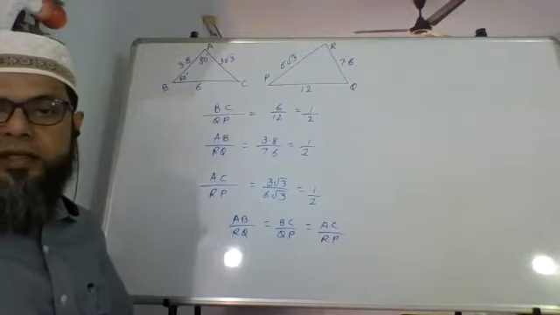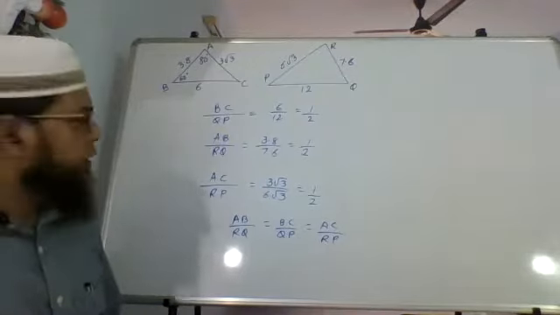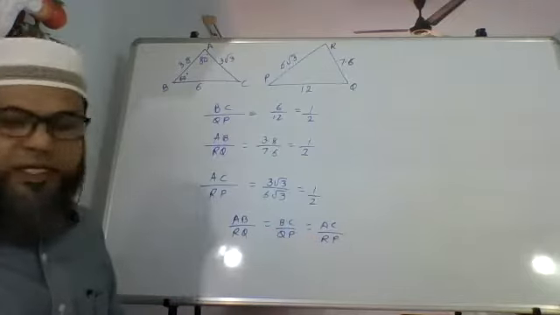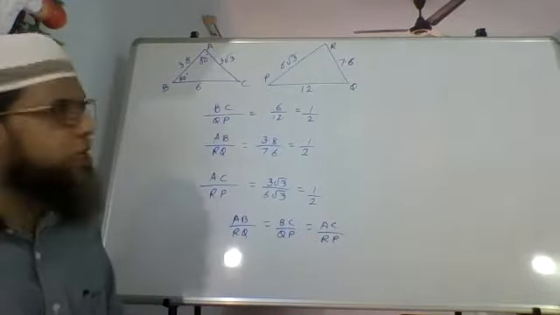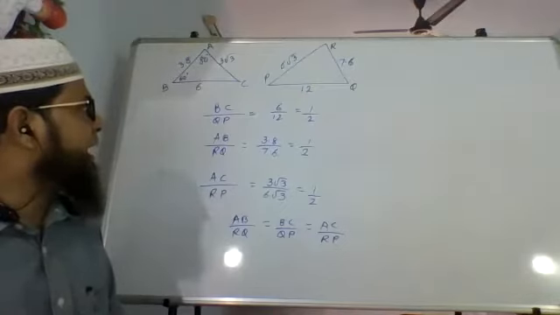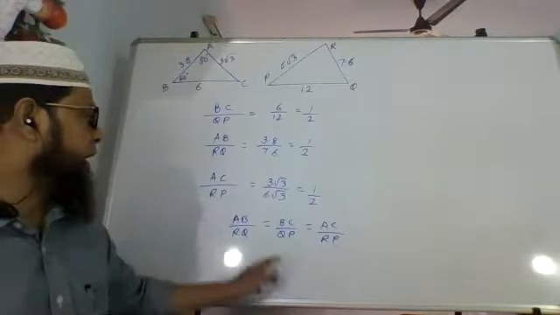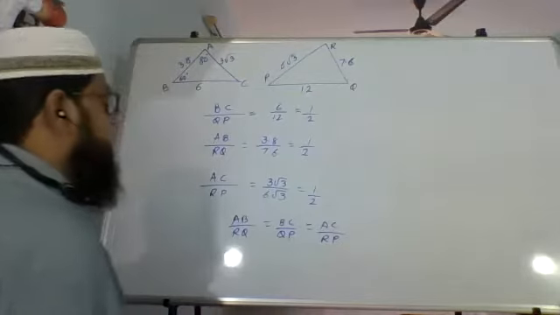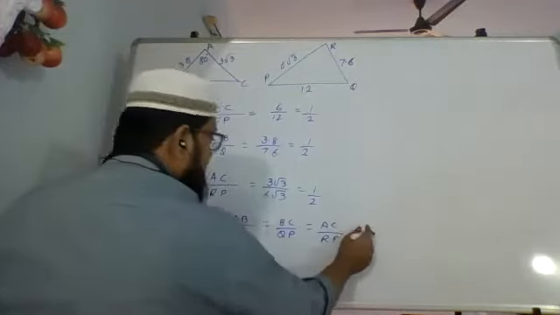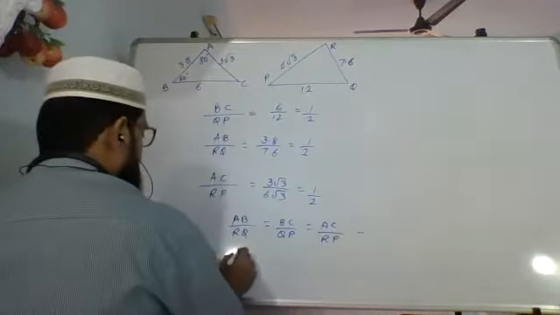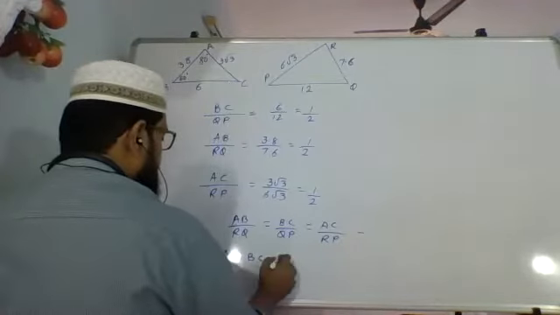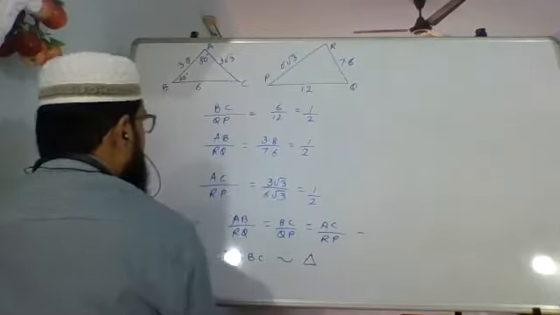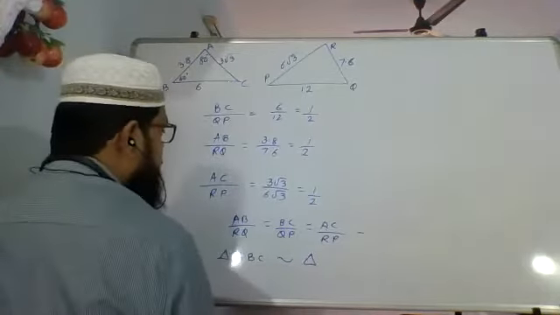If you're clear till here, then I'll proceed further. Now, since these sides are in proportion, the triangles become similar. The triangles become similar by what? By SSS test, because the sides are in proportion. So I say triangle ABC similar to triangle RQP.